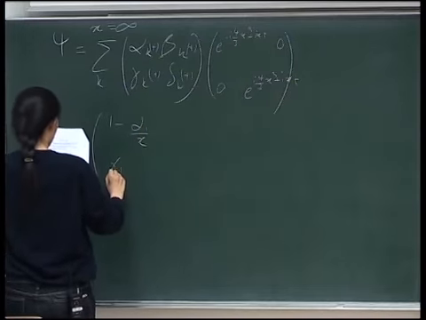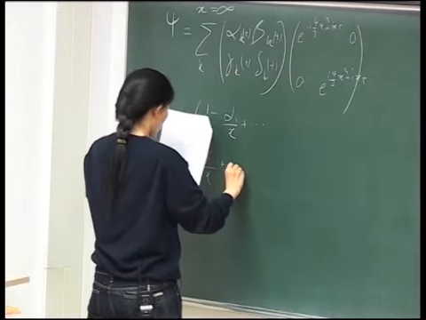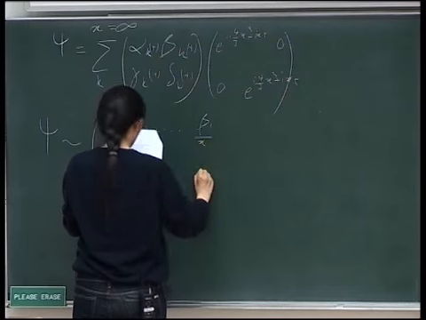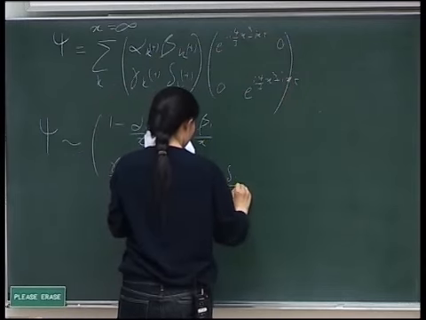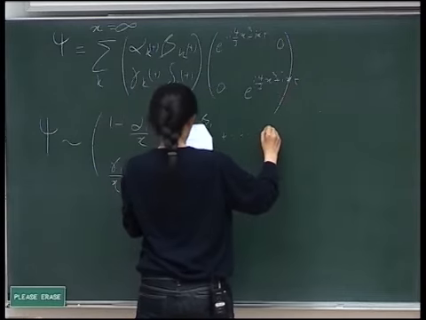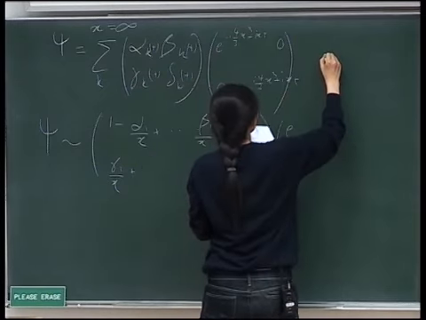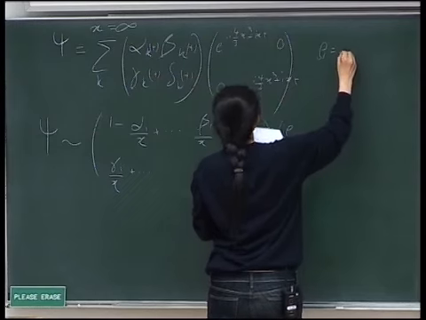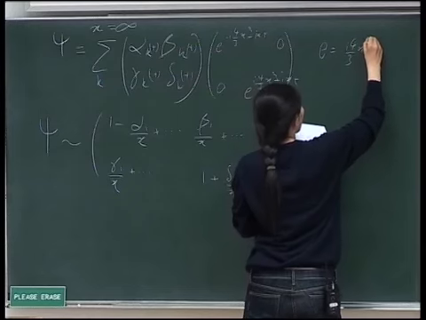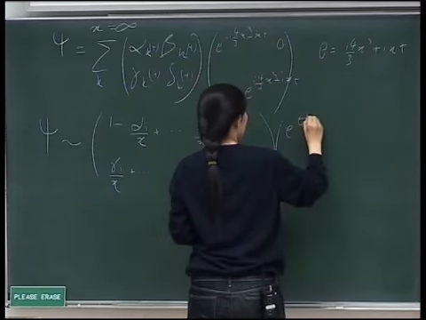So we get that gamma naught is 0. Theta 1. Let me call theta equals to, so I don't have to write it all the time.